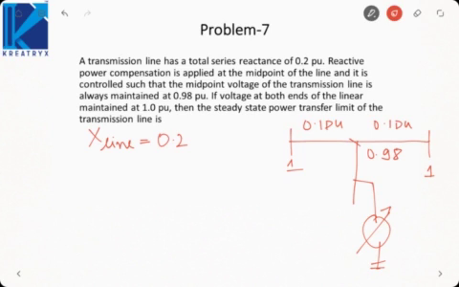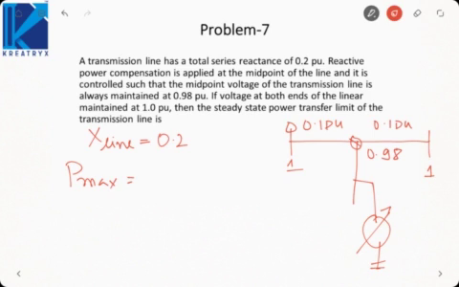So when we studied about SVC, I told you that SVC does not inject or consume any real power from the line. So whatever real power is coming from the sending end to the midpoint will be the same as the real power going from the midpoint to the receiving end. That means if we calculate between the sending end and the midpoint, that will be my power capability.